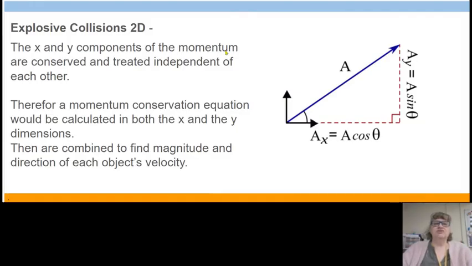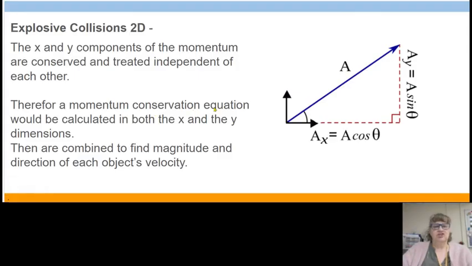Again, we're going to use our X and Y components. They're still conserved, but they're still treated independent of each other. That means that the momentum in the X direction and the momentum in the Y direction are independent of each other.